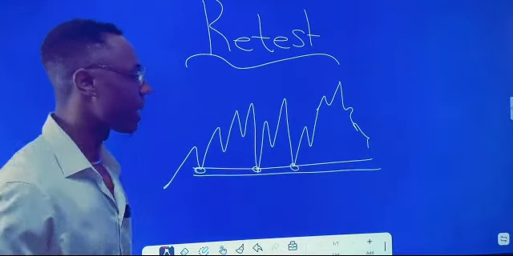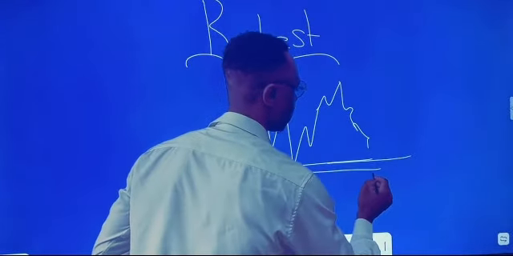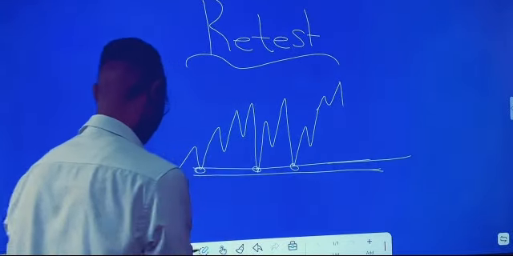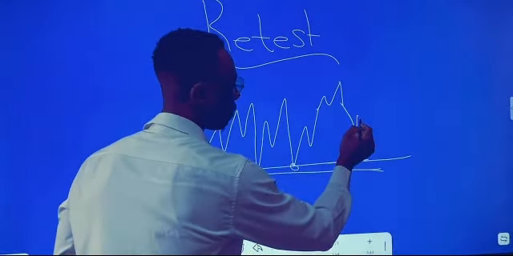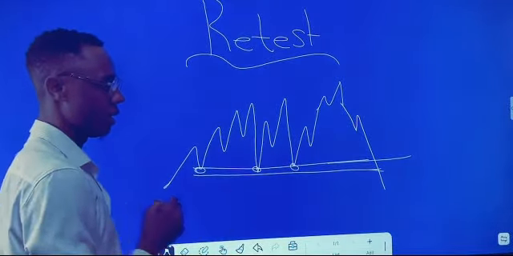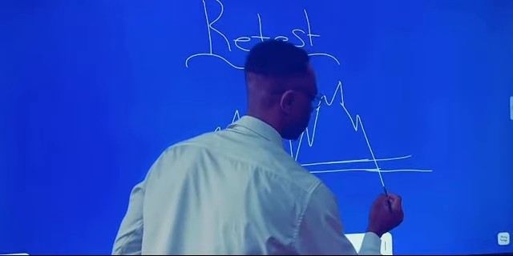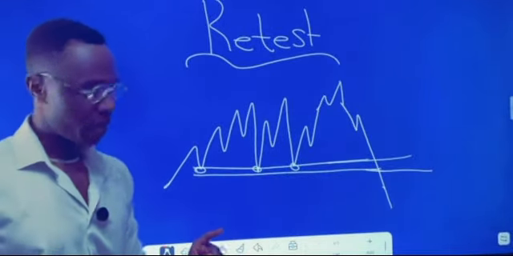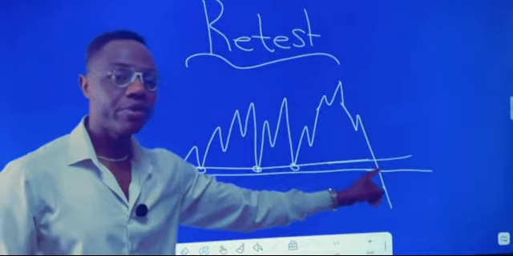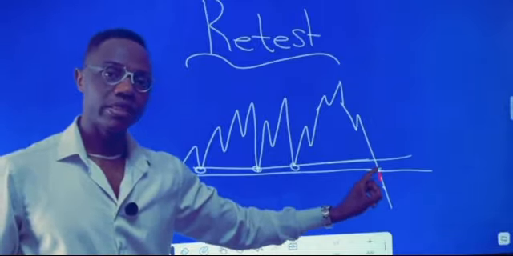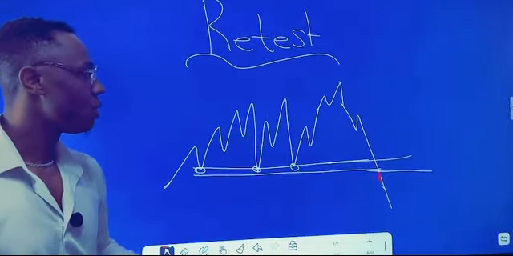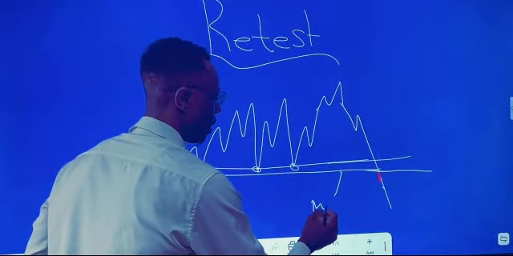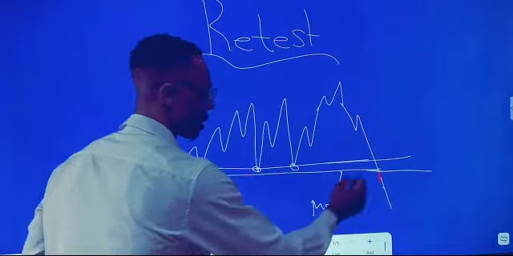But sometimes, when the price gets to this level and breaks this zone with a body, and closes below the key area with a body, now we have our market structure shift, or change of character.